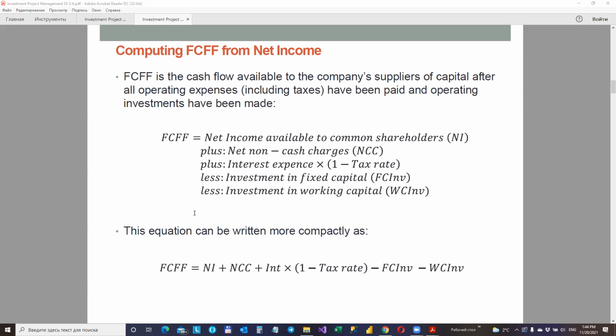To derive cash flow from net income, it is necessary to make adjustments for any items that involved decreases and increases in the net income, but did not involve cash inflows or outflows. So you have to make adjustment for non-cash changes in net income.